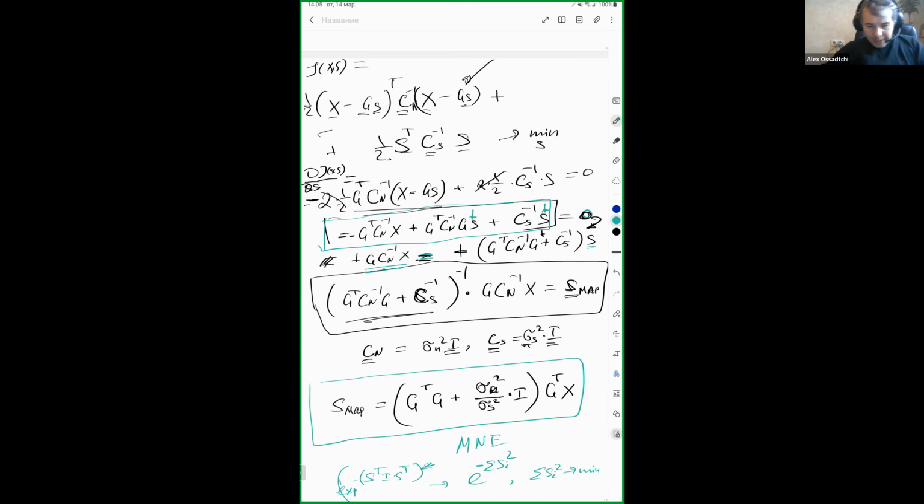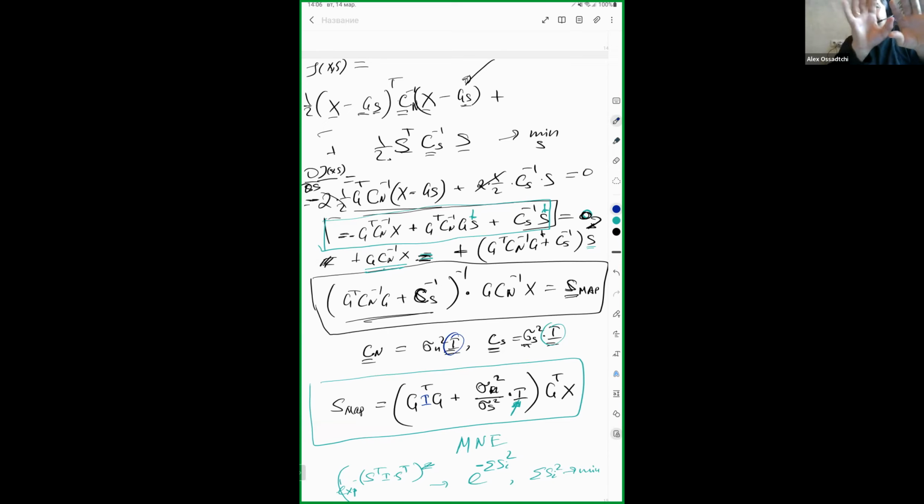Again, this I that comes here is noise. In this case it's I; in more complicated cases, this I is this I, and the identity here is this identity. You can understand it quite easily because G transpose G is number of sensors by number of sources, and G transpose is its transpose. You can multiply G transpose only by a matrix that is number of sensors by number of sensors.